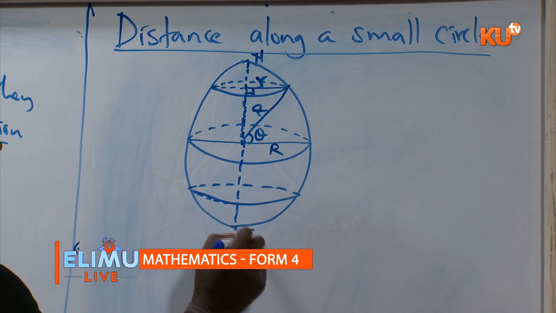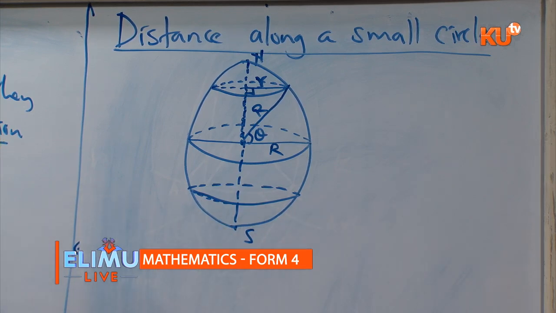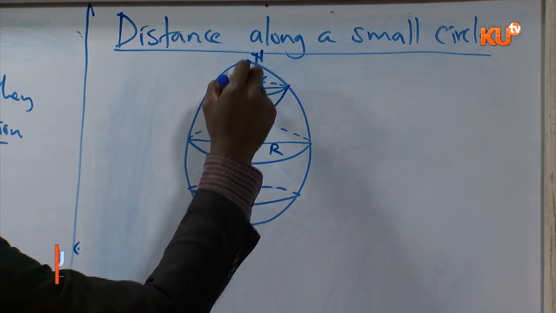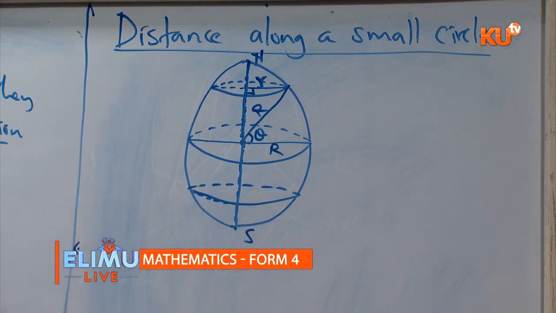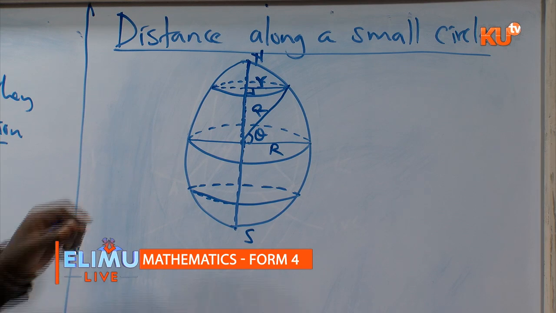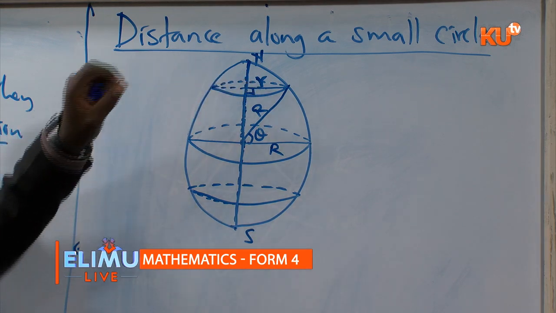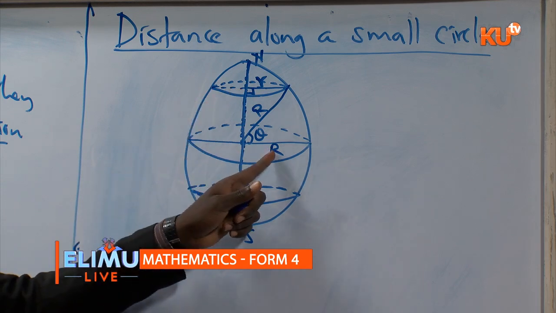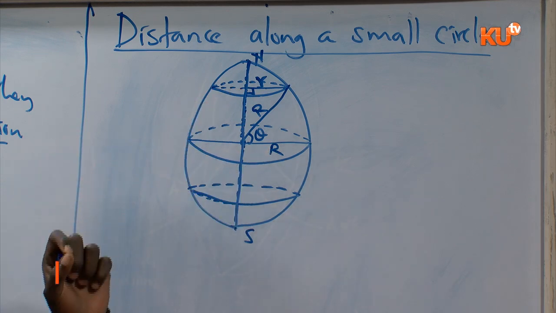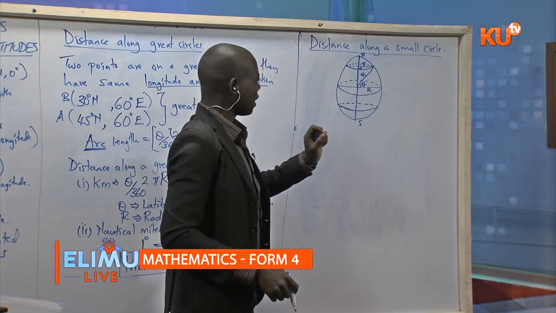This is the North and this is the South Pole. So we want to derive a relationship that we are going to apply in the calculation of small circles. So students, look at this. This is the radius, the small r, which is the radius of the small circle. And this capital R is the radius of a great circle.